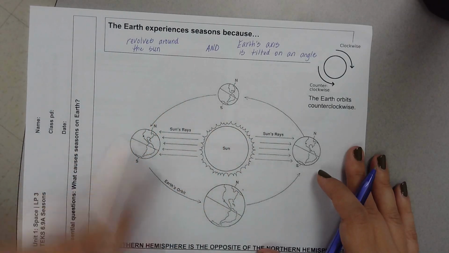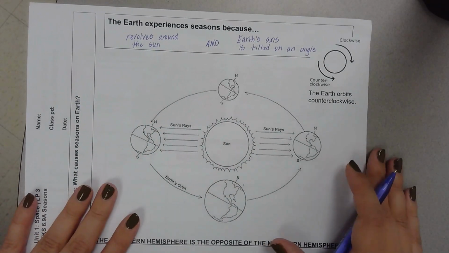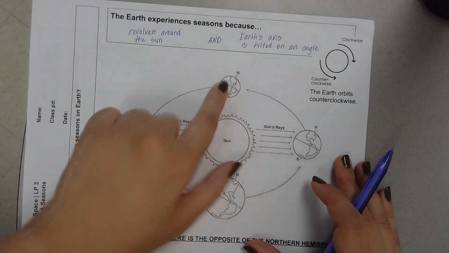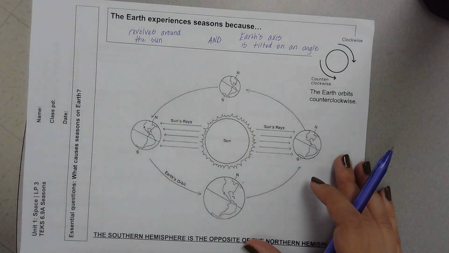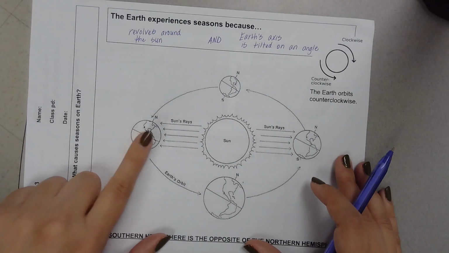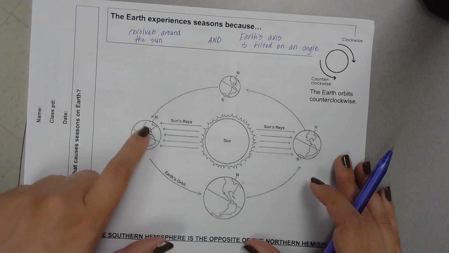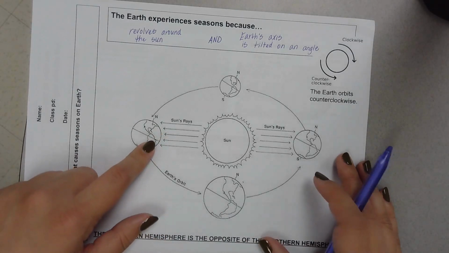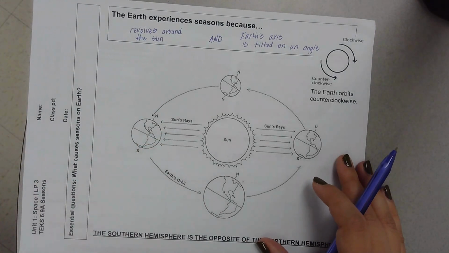That's going to be really important when we are establishing which seasons are taking place at a given location in its orbit. So we're always going to start here on the left-hand Earth, and you'll notice a couple features on this Earth.